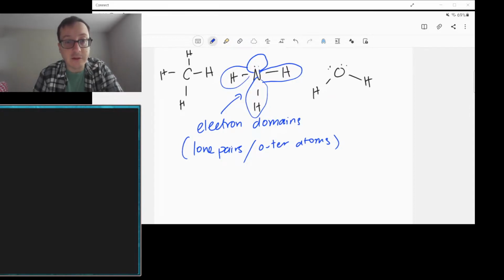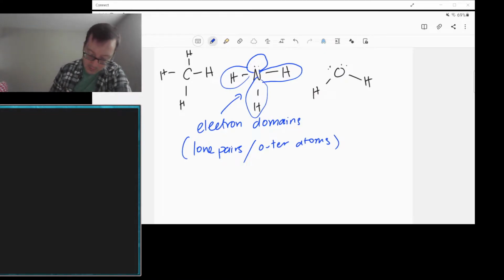Remember that electrons are negatively charged, and we're going to see that they're going to repel each other. We're going to see that we have a theory to explain how the shapes of molecules can be predicted by understanding the idea that electron domains repel each other.